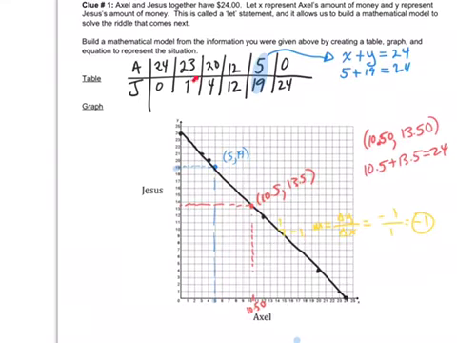So we created a table, which is a piece of a mathematical model. We've created a graph, and that graph gives us a really clear picture of the relation between Axel and Jesus, which is that their sum is $24 always, and as Axel's amount of money increases, Jesus's amount of money decreases.